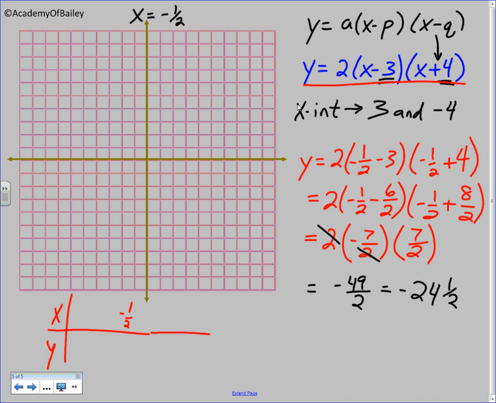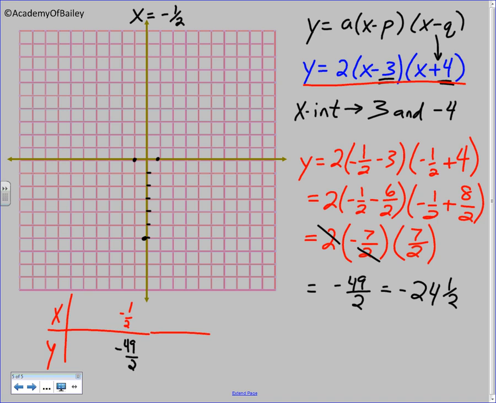X-intercept is 3 and negative 4, so negative 4 is actually on this line. 3 is going to be somewhere about here. And so here's negative 4, negative 8, negative 12, negative 16, negative 20, negative 24. So we're looking for negative 24 and a half. So we have negative 1/2. Negative 24 and a half is somewhere right in there. It should be just below the line.